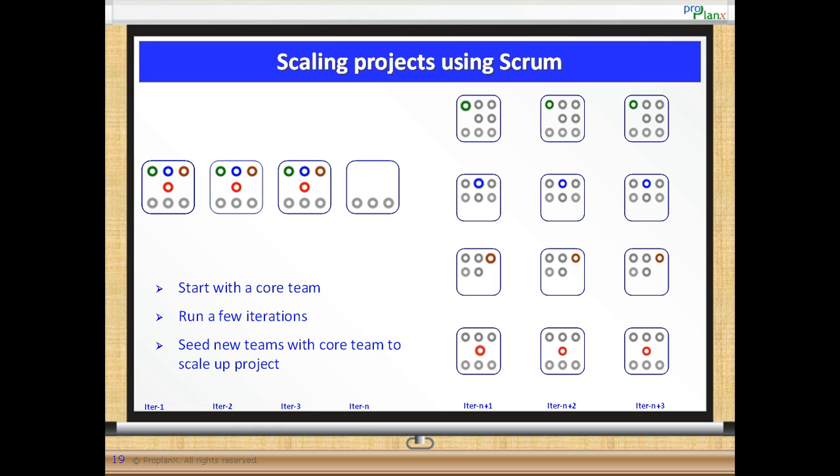Next, create newer teams and seed them with the core team members. In this manner, the core team members carry and share their knowledge with the new teams, thus helping to scale up the project. This mechanism can be repeated to grow very large Scrum teams.